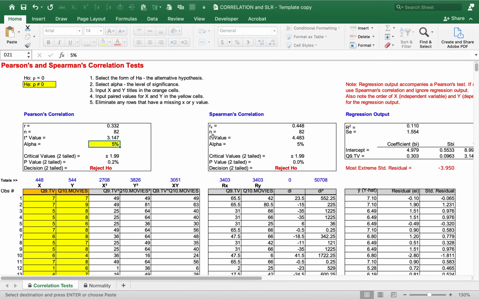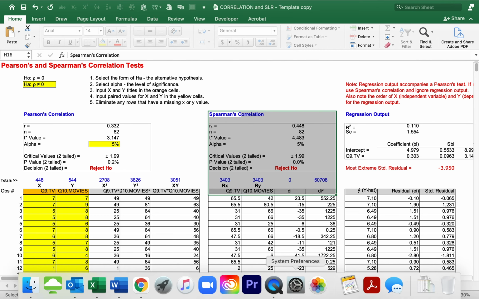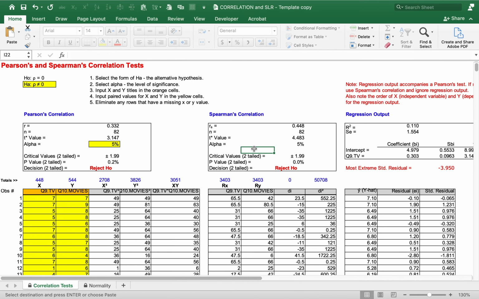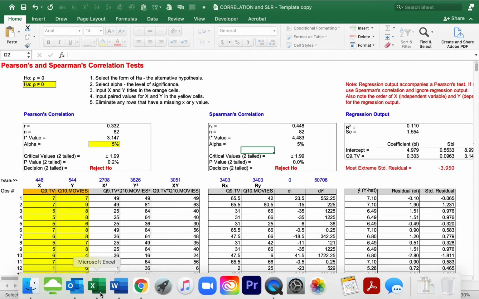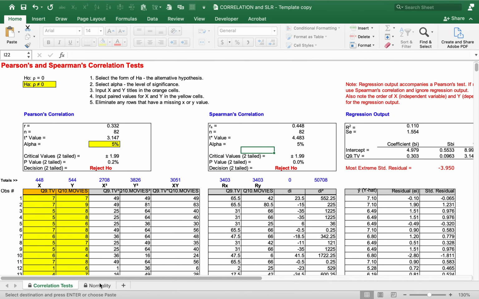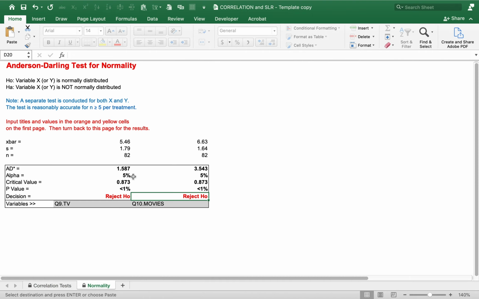But the important thing I want you to note here is that we only look at the Spearman's results here. The reason is that they're two ordinal variables, and so we don't have to worry about normality down here. Now, normality, if these were interval, it's not a problem anyways because n is at least 30.